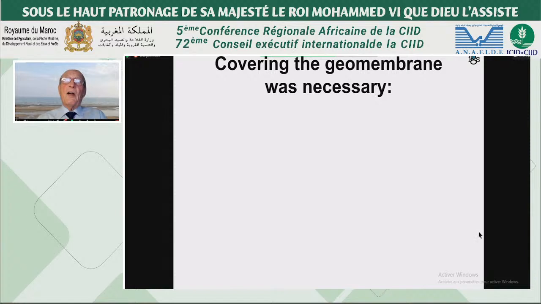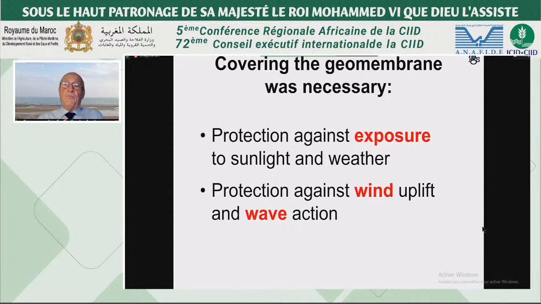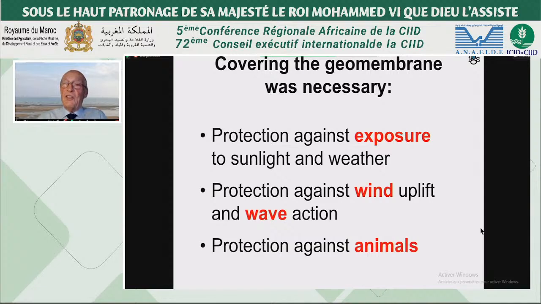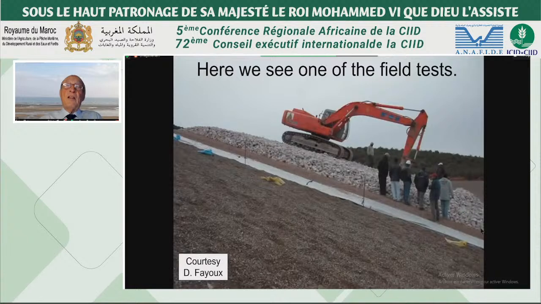Covering the geomembrane was necessary for protection against exposure to sunlight and weather, protection against wind uplift and wave action, and protection against animals. Here we see one of the field tests.